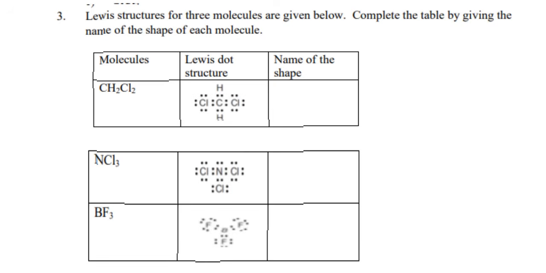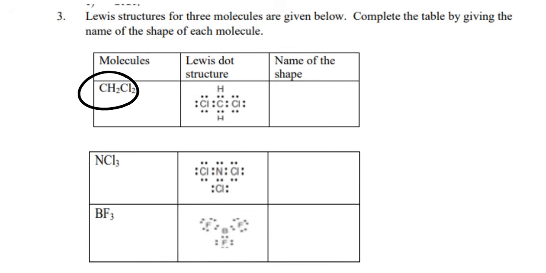So they've given us the molecule and also the structures, which makes the work simpler for us. What is the name of this molecule? This is dichloromethane. Now, what will be the structure?